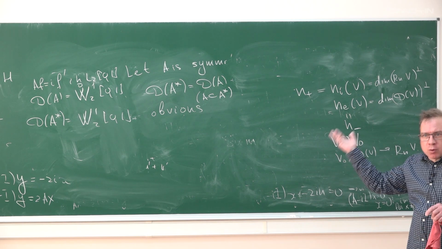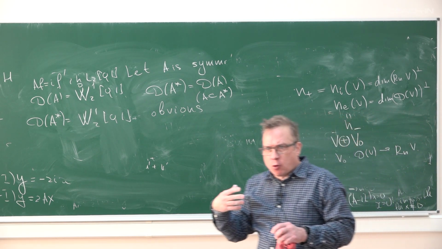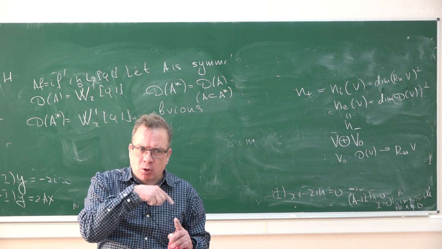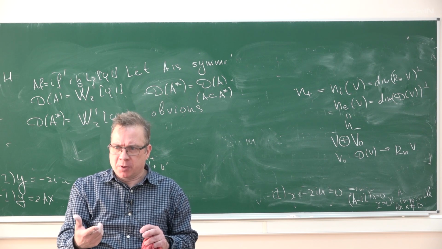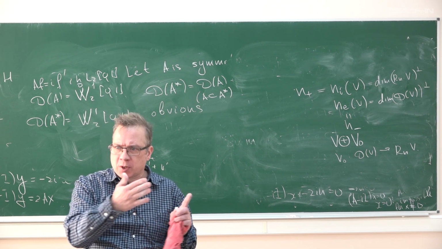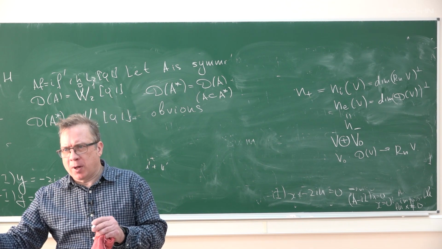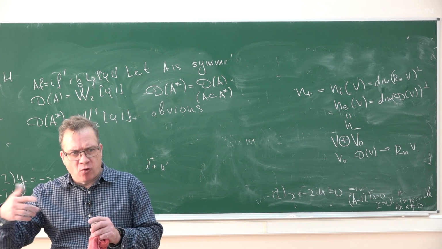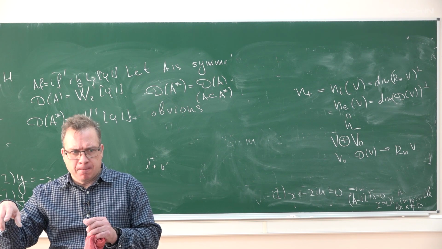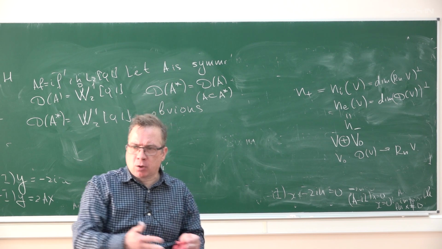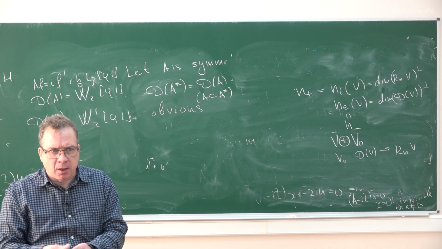Then we find the formulas of how we can reconstruct the symmetric operator with the help of the isometry. We have a one-to-one correspondence between the class of symmetric operators with dense domain and the isometry operators with dense range of V minus identity. So take a symmetric operator, construct the isometry operator.